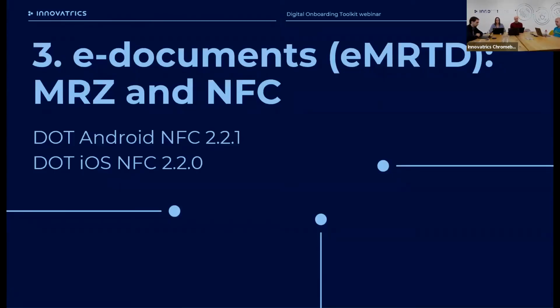The third part of our presentation is reading of e-documents, or to be precise, electronic machine readable travel documents. In order to read these, you need to combine two technologies. One is the OCR of the machine readable zone of the documents, and then the NFC reading of the RFID chip.